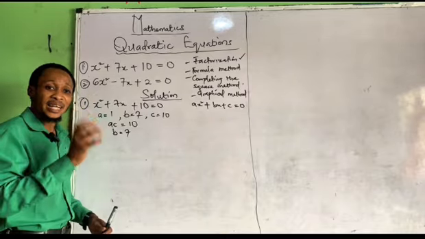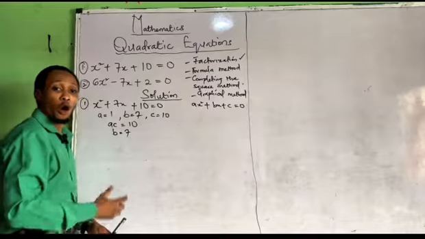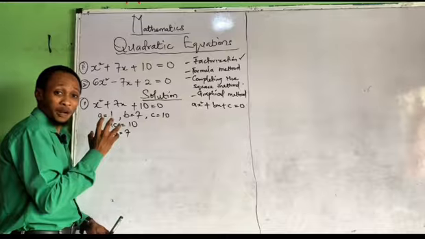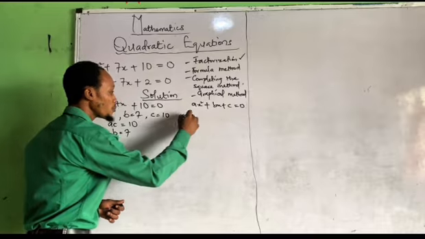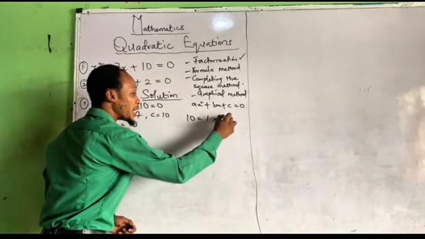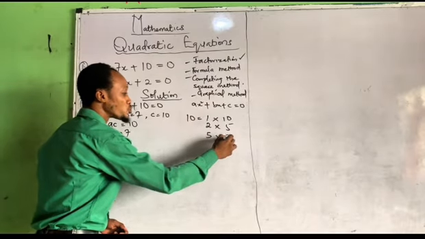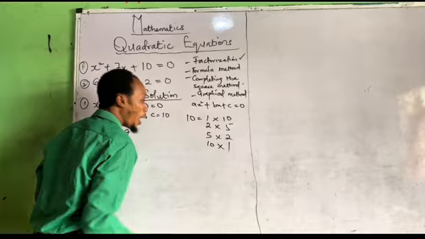The next thing you are going to do is find the factors of ac, which are the factors of 10. Factors of 10 are 1 times 10, 2 times 5, 5 times 2, and 10 times 1.